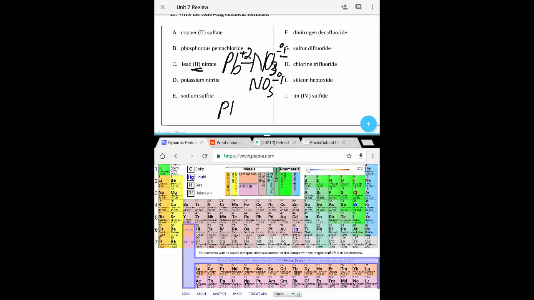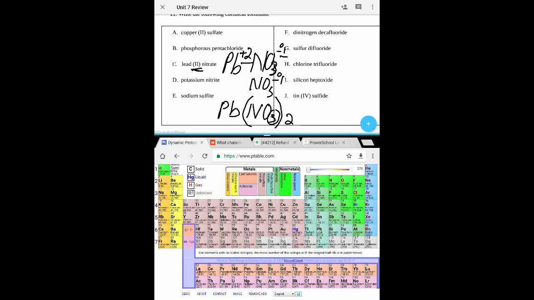Now we write out the formula. Pb, and there's only one of them, so we just leave it at 1, and NO3. Since there are two NO3s, and NO3 is a polyatomic ion, we have to put NO3 in parentheses and put the 2 on the outside of the parentheses. The reason is we can't change this 3. That 3 is part of the polyatomic ion.